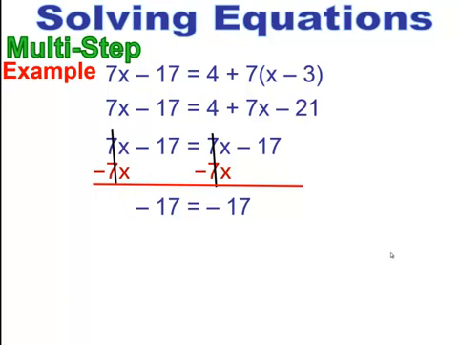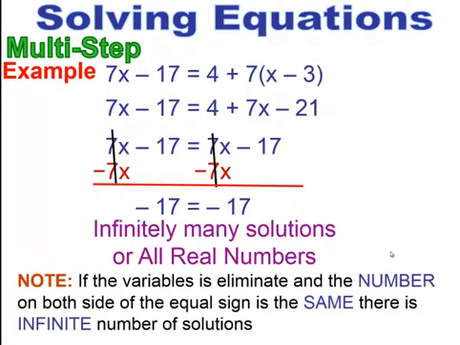Well, when we have the variable eliminated and the same thing equals the same thing is left, so in this case, I have negative 17 equals negative 17, it's a true statement. Well, what that means is I have infinite solutions.